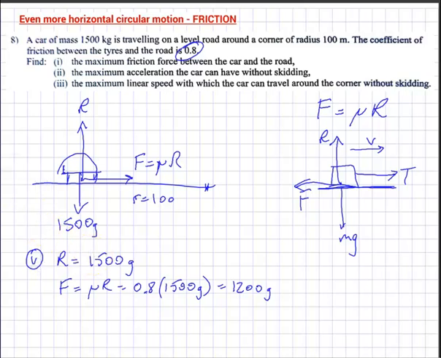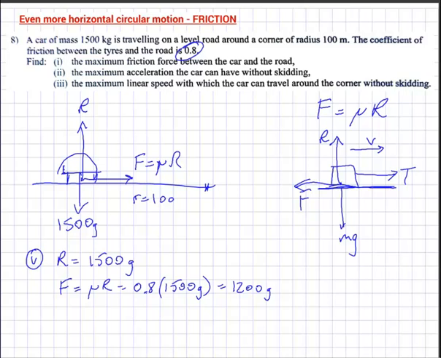And so that is the maximum friction. If you have less friction, as in you're going at a slower speed, so you're not meeting that absolute moment between sliding and actually turning, you can be going at a slower speed and needing less friction to keep you turning. But the maximum that this car, a 1,500 kilo car, can manage with the tires on the road is 1,200 g.